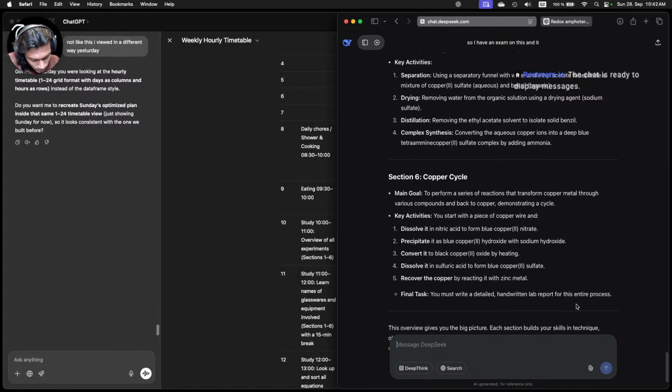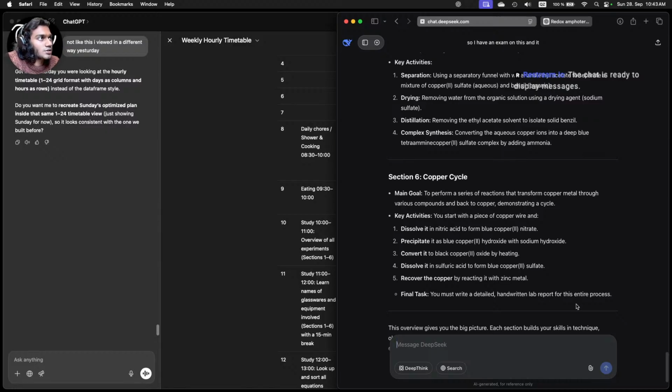To transform copper metal through various compounds and back to copper, demonstrating a cycle.